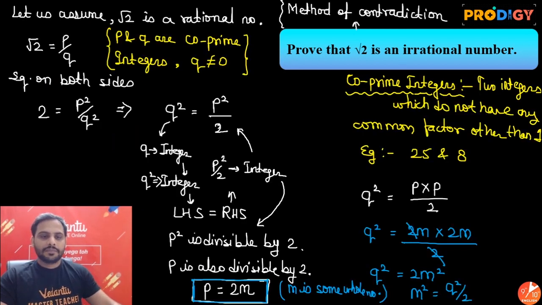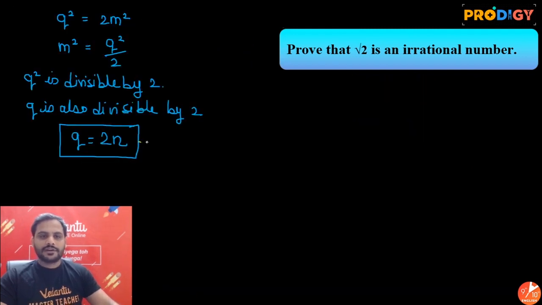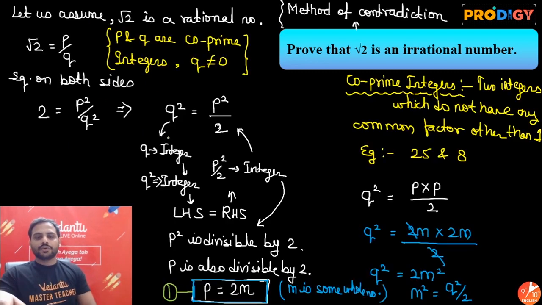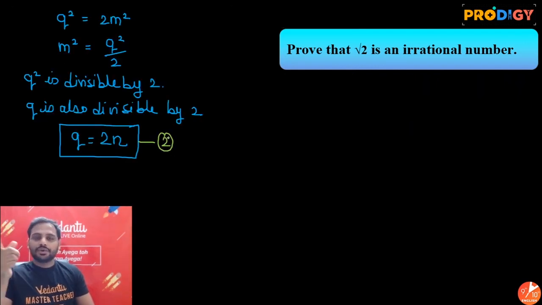Beta, please focus very carefully here. Listen very carefully now. Say this is your equation 1 and let's say this is your equation 2. Equation 1 is telling you that p is divisible by 2. Equation 2 is telling you q is divisible by 2.